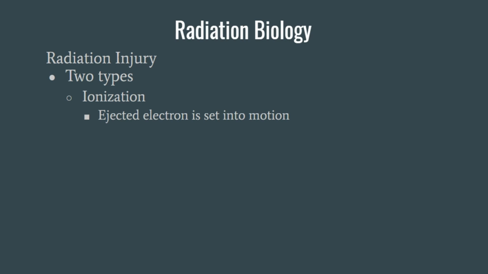The first one is ionization. Ionization is basically the process of when an atom becomes an ion, or when an atom gains or loses an electron. So with ionization, an electron is ejected and is set into motion.